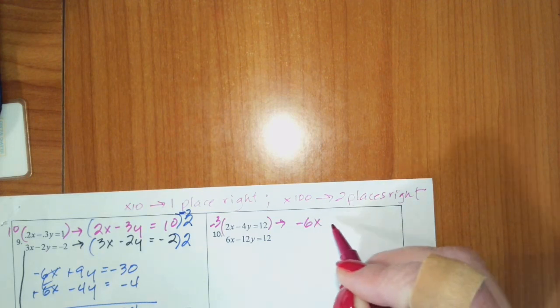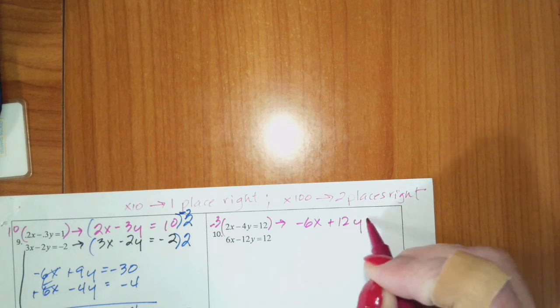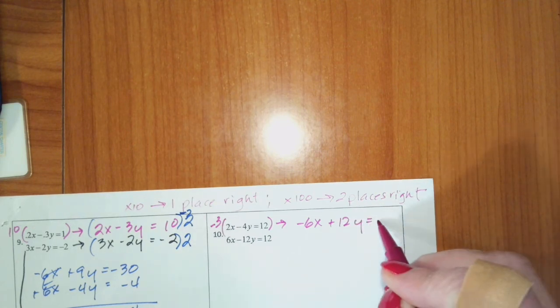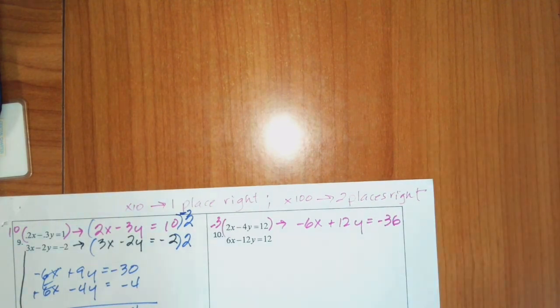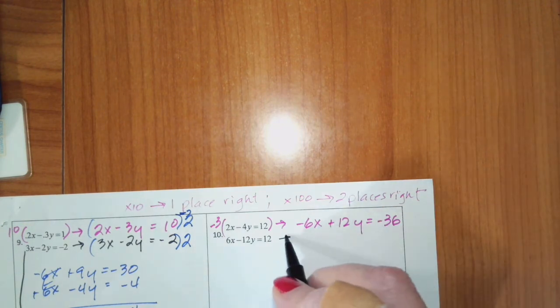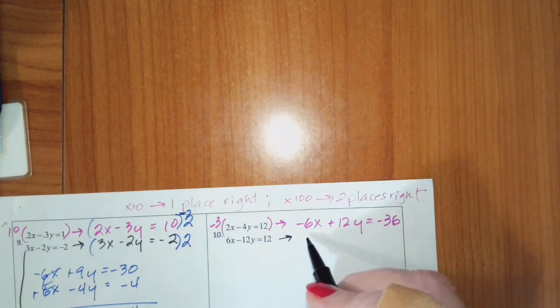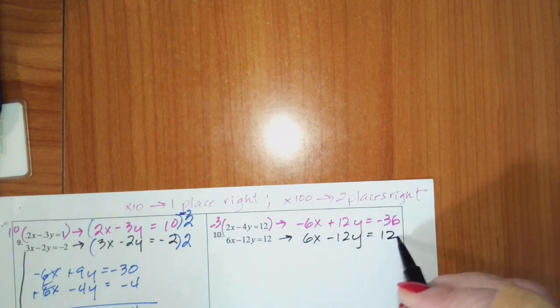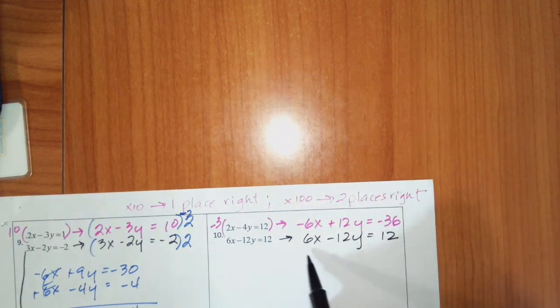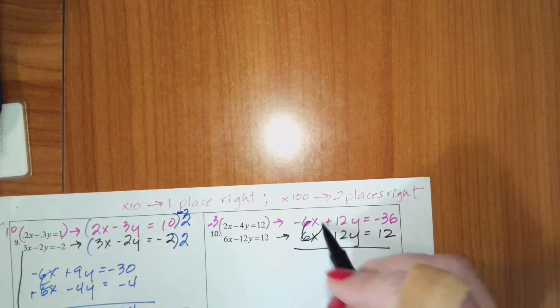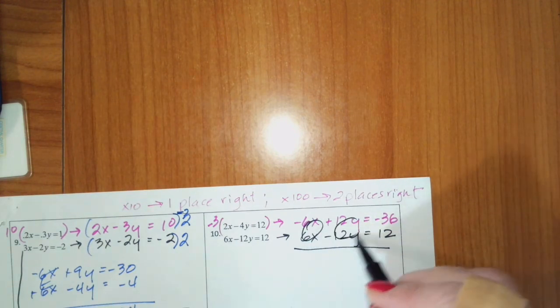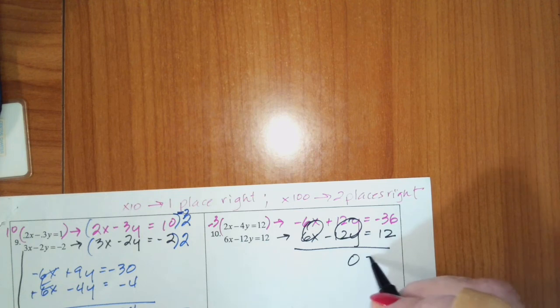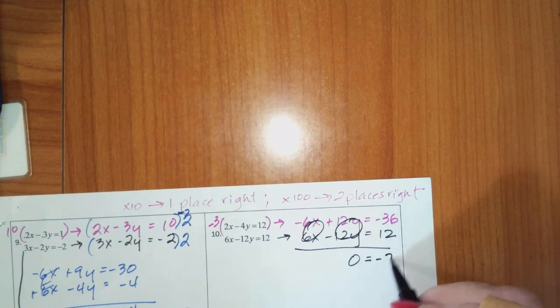So negative 6x plus 12y is equal to negative 36. I didn't do anything to this one, so this becomes 6x minus 12y is equal to 12. If I add these together, that is eliminated and that is eliminated. So I have 0 equals negative 24.